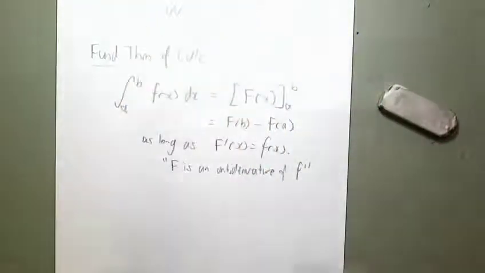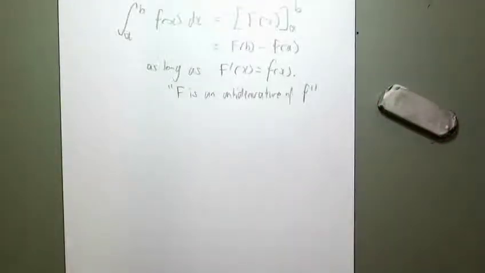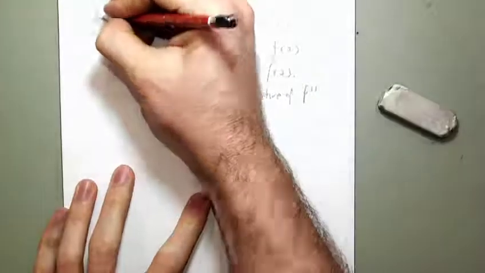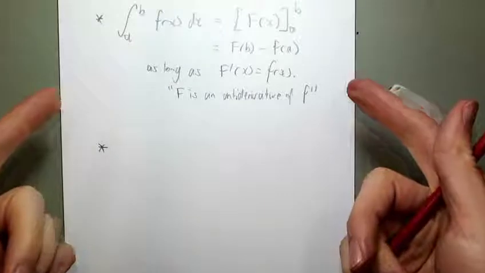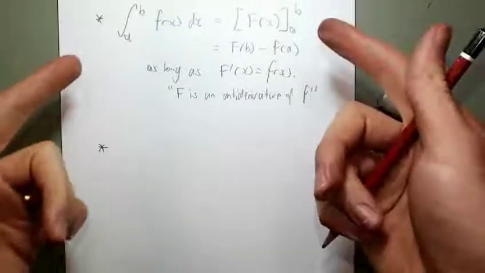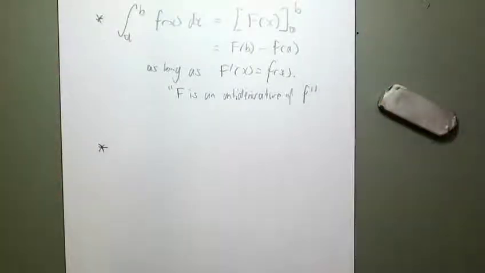It says that to integrate you need to do the opposite of differentiation. So it's basically telling you how to integrate a derivative. It says if little f is already the derivative of capital F, then this is how to integrate it. So this is integrating a derivative.